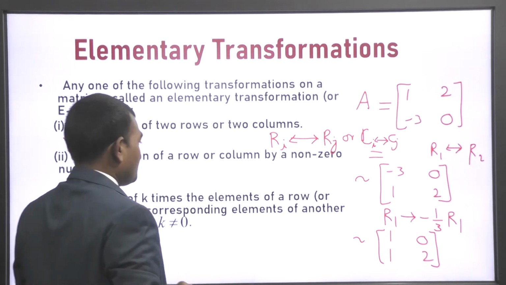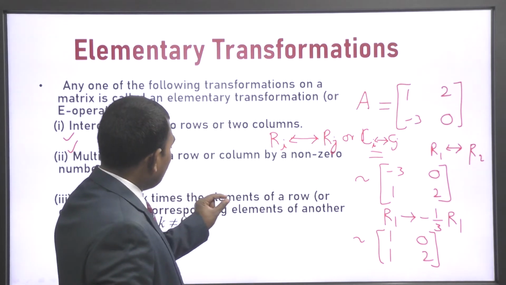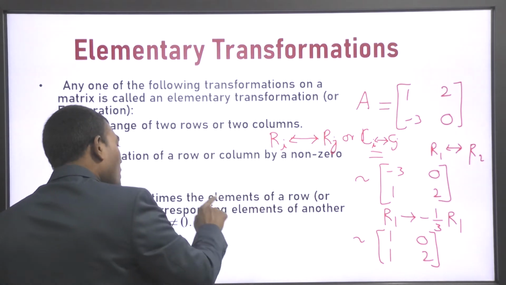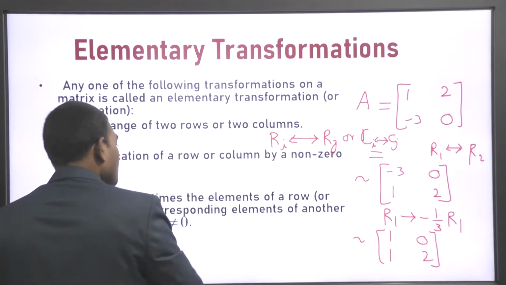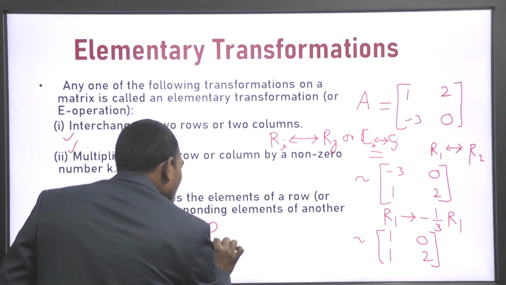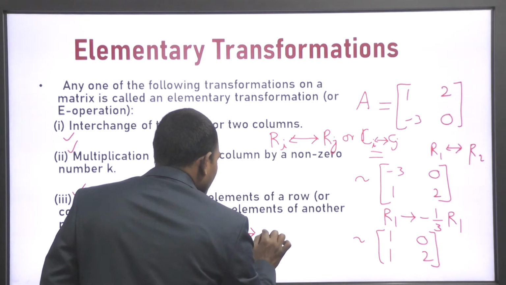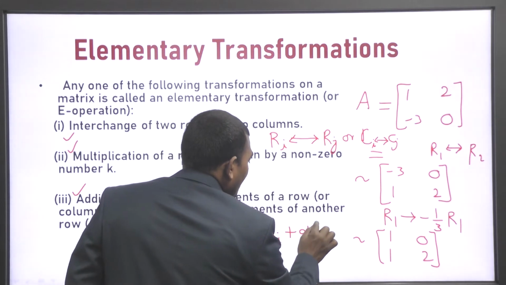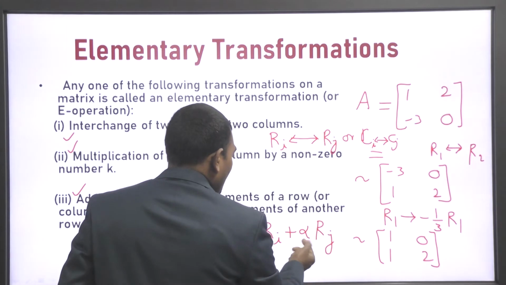The third transformation is the addition of k times the elements of a row or column to the corresponding elements of another row or column, where k is not equal to 0. This is the important one: the ith row can be replaced by Ri plus alpha Rj, where alpha is a scalar.